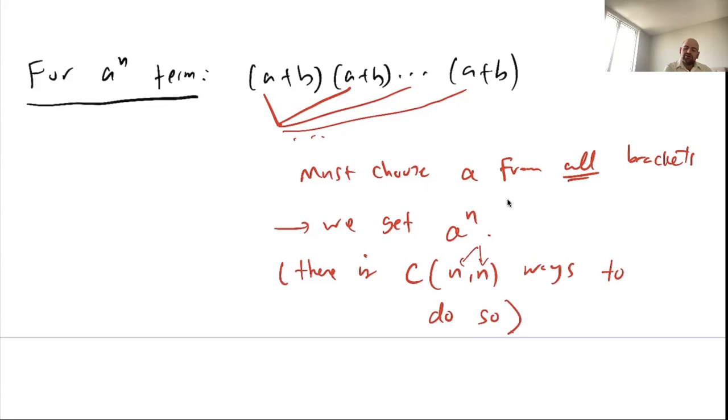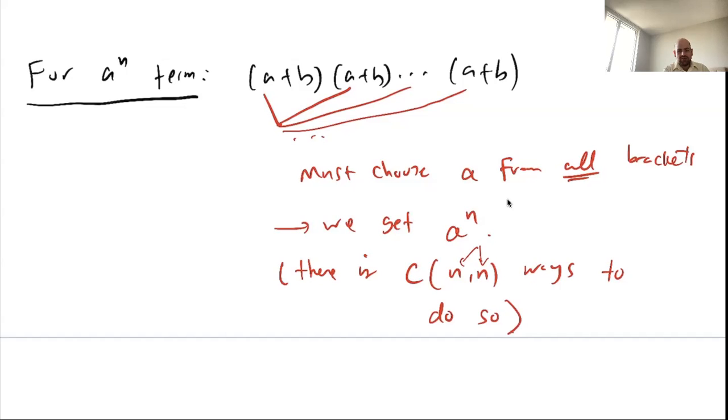The second number is the number of brackets that I'm going to choose a from. I'm going to choose a from n brackets if I want to get a to power n. In this case, because I want a to power n, both these parameters are n.